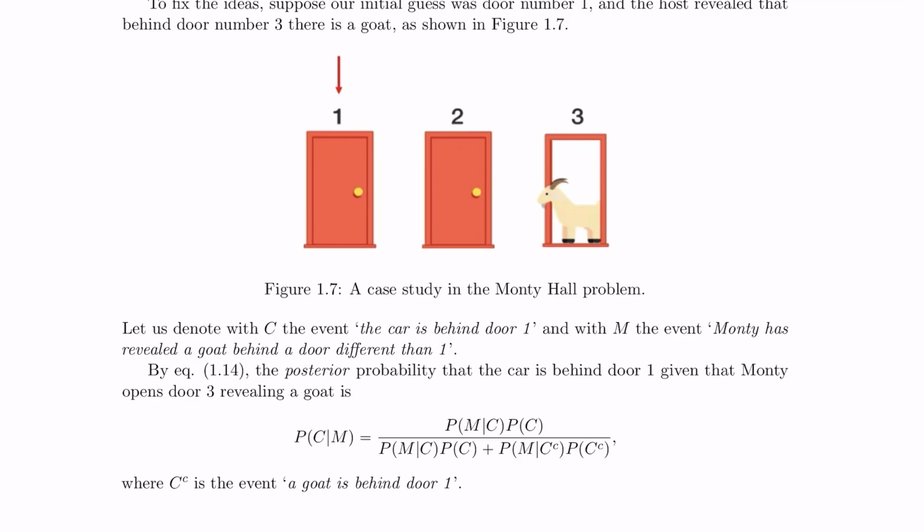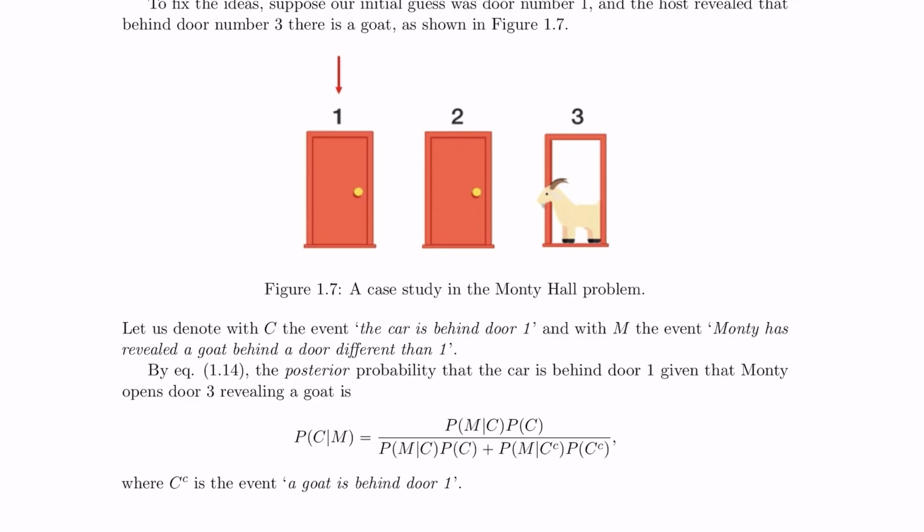If we want to apply Bayes' theorem, we need 2 events. The first one is the event C, which is the car is behind door 1, and the second event is M, that is, Monty has revealed a goat behind a door different than 1.